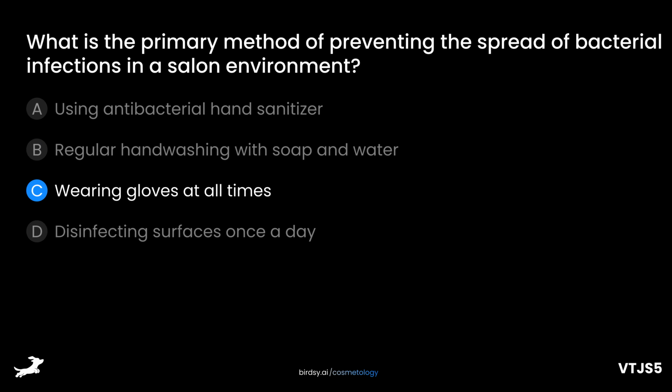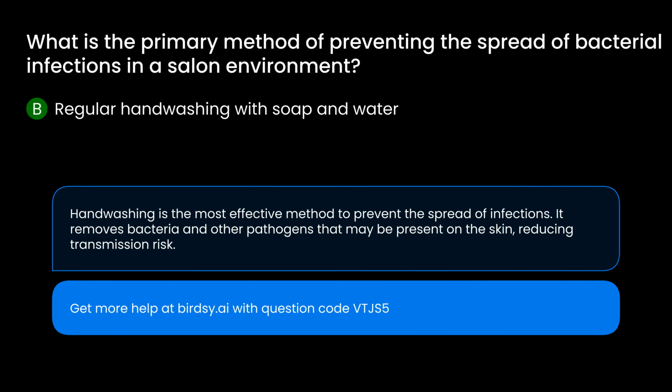C, wearing gloves at all times? Or D, disinfecting surfaces once a day? The answer is B, regular hand washing with soap and water. Hand washing is the most effective method to prevent the spread of infections. It removes bacteria and other pathogens that may be present on the skin, reducing transmission risk.